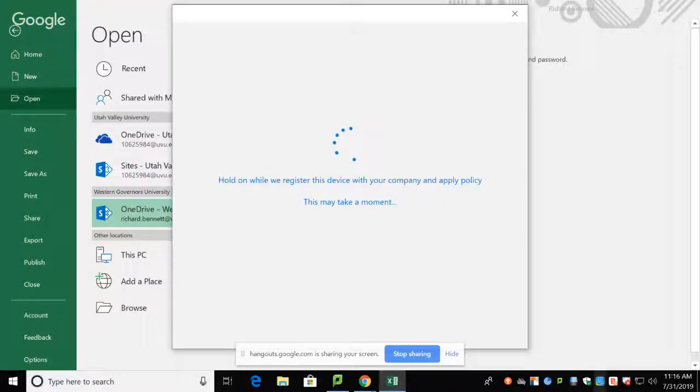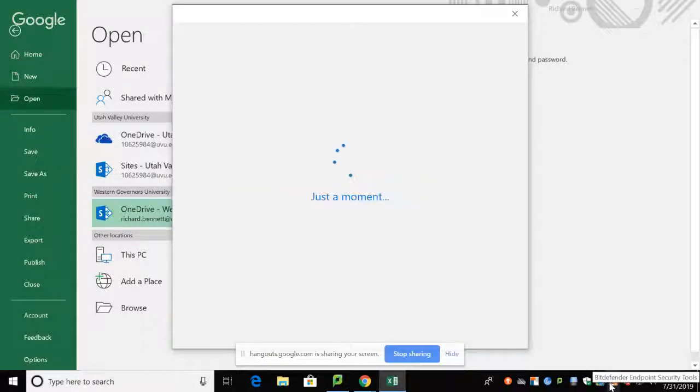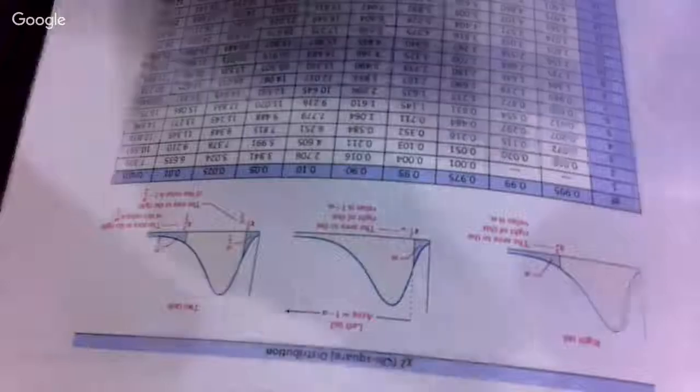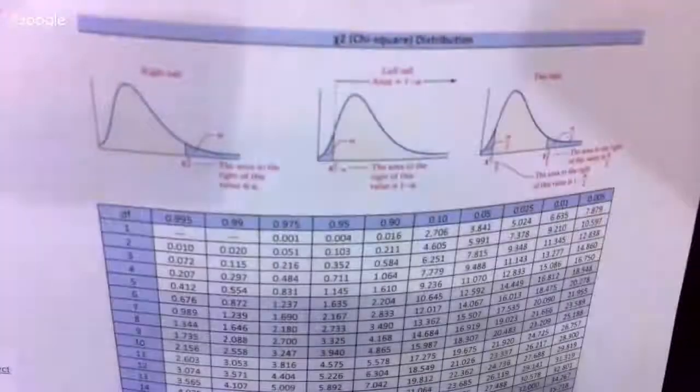While this is loading, we're going to show you the table here. Turn to the chi-square table. It's the last table. Just a moment. It's taking too long. Okay, hopefully you can see this here. Go down. There you go.